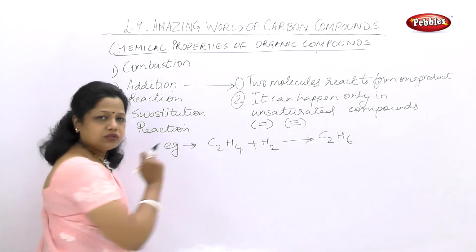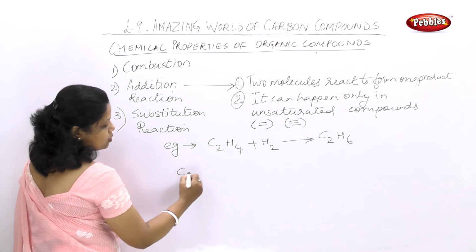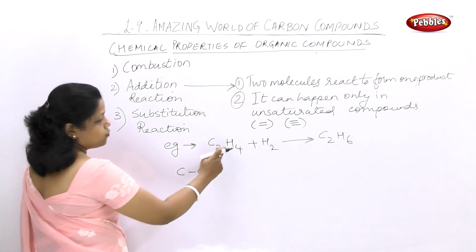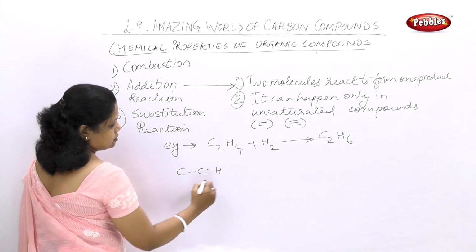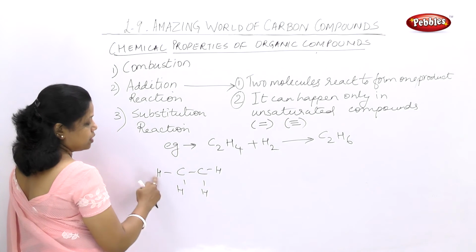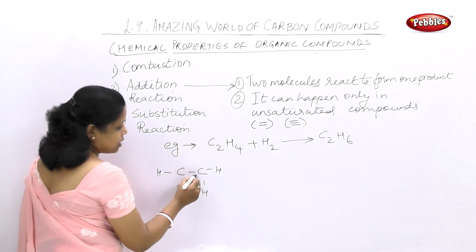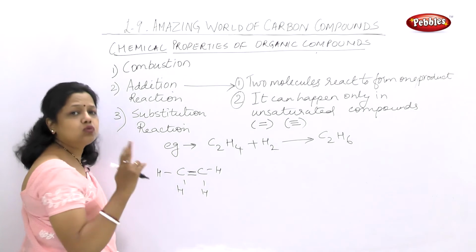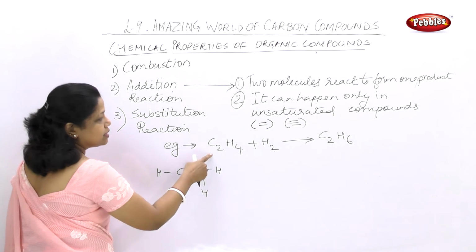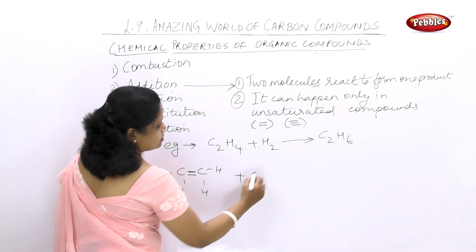So this is very easy. Can we convert it into a structural diagram? Let's see. Two carbons. So I will draw 2 carbons. 4 hydrogens. So 1, 2, 3, 4. Now 1, 2, 3, 4. Each carbon has 1, 2, 3 only. So I will have one double bond between the 2 carbon atoms because this is an unsaturated compound. I am adding it with hydrogen.